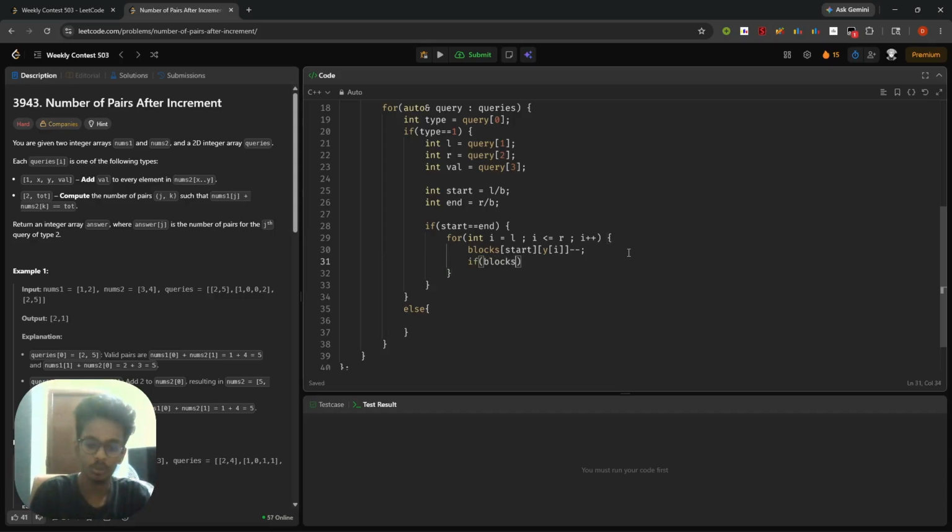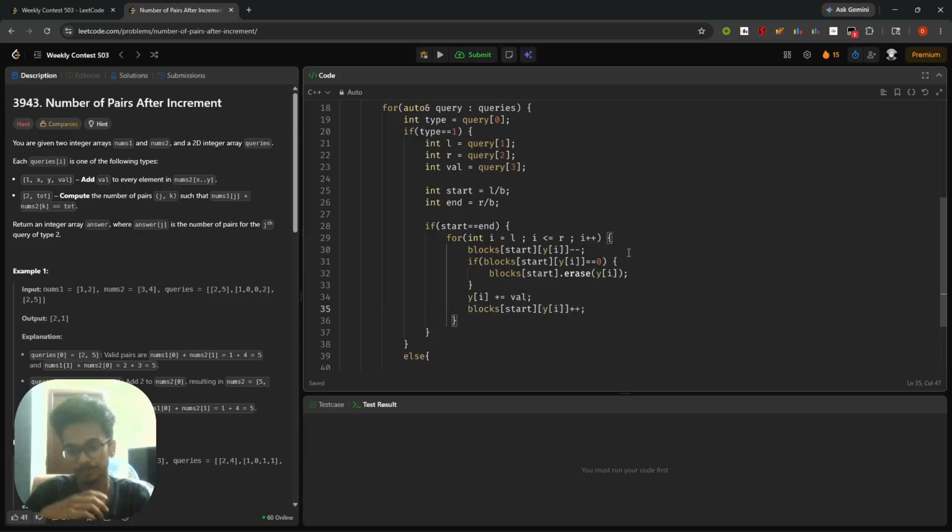And if this blocks of start of y of I becomes 0, blocks of start dot erase y of I. Alright, and y of I plus equal to value, and blocks of start of y of I plus plus.